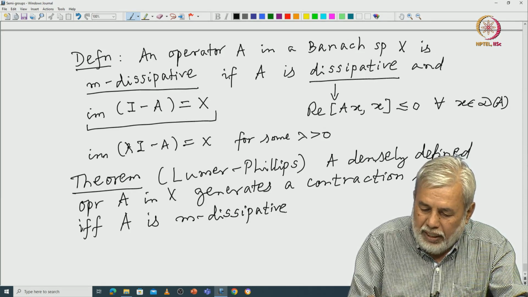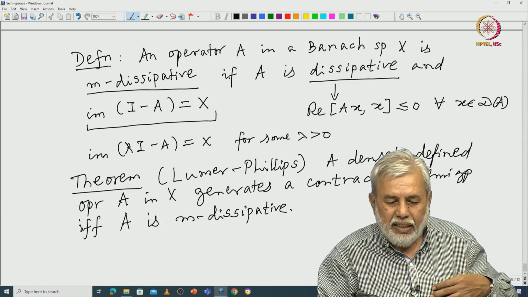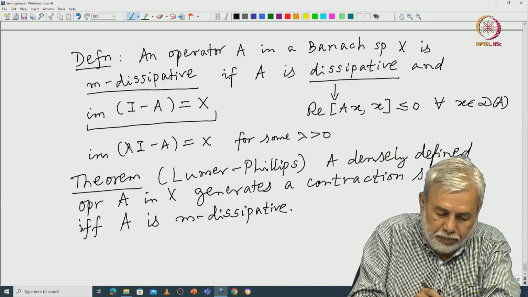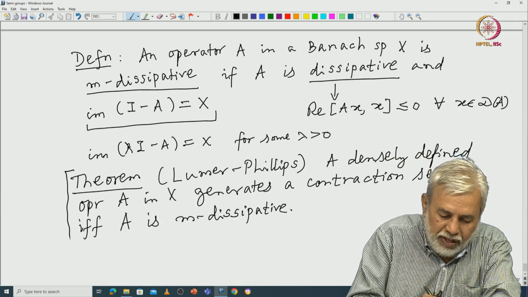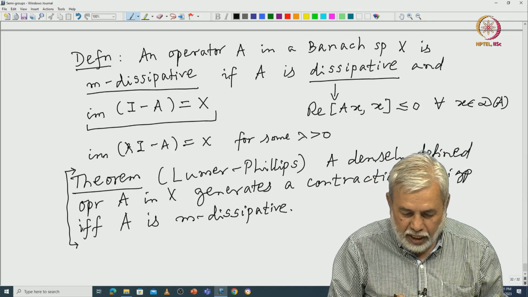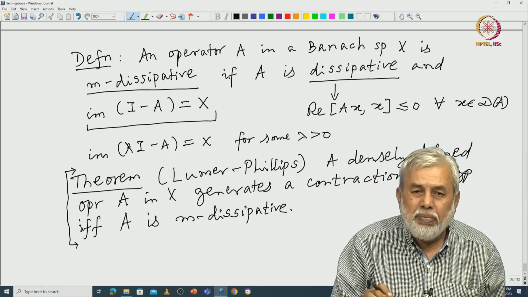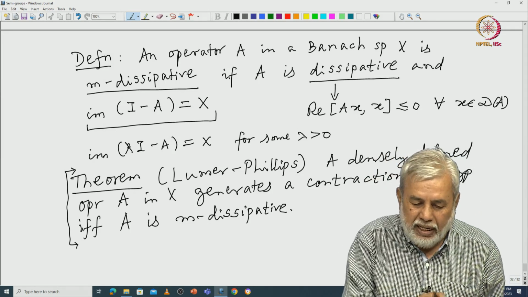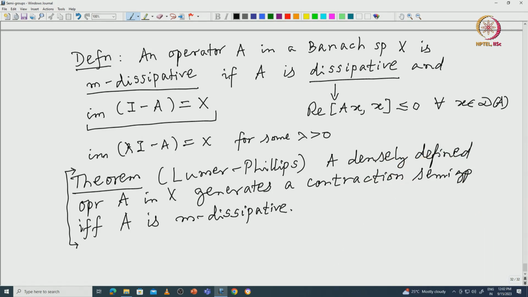So, like I commented in the previous lecture, you should see the beauty of analysis in reducing the complicated hypothesis in the Hille-Yosida theorem to a very simple verifiable condition. Here in this theorem you do not see any resolvent estimate. The resolvent estimate might be seen only through this range condition.